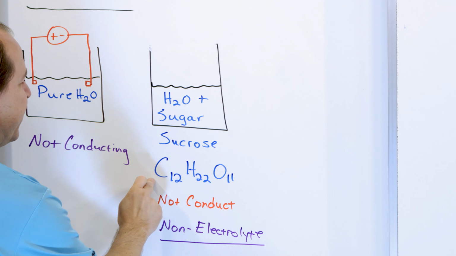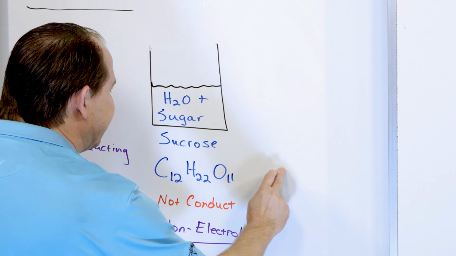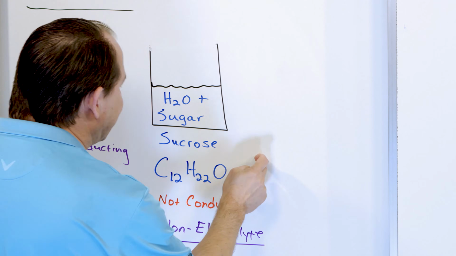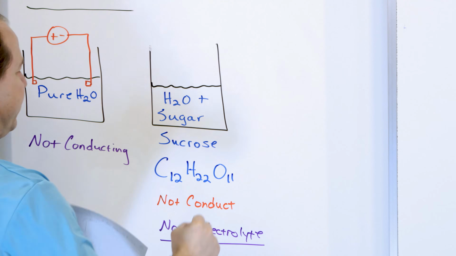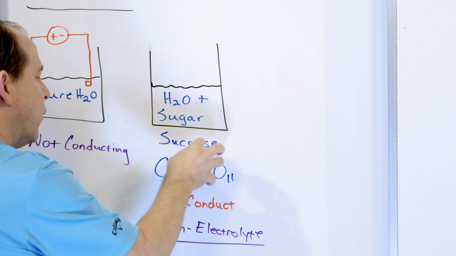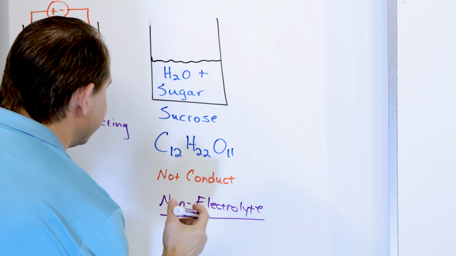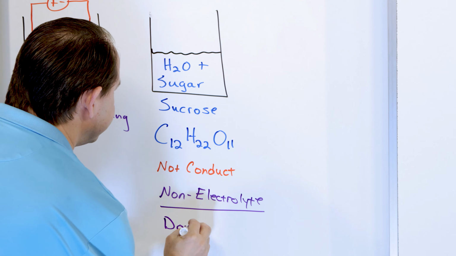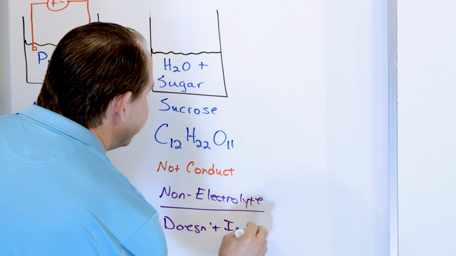What it does is these are molecules. It doesn't break them down into like oxygen ions and carbon ions and hydrogen ions. They all stay together as a neutral molecule, and they still exist between the water molecules, but it doesn't break down further. And so this is called a non-electrolyte. It doesn't ionize. I'll say it that way.